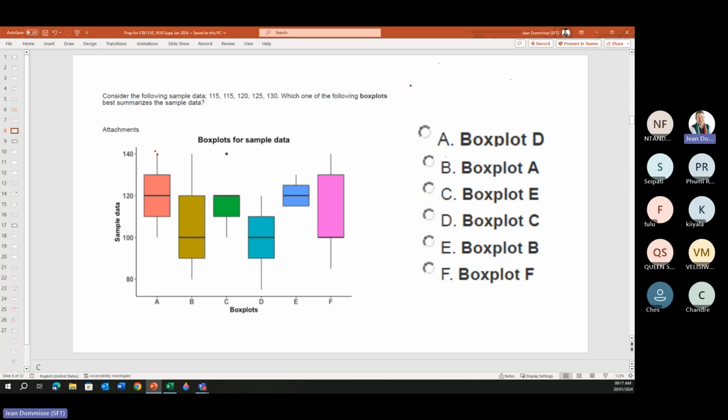At the top you've got your maximum number. At the bottom you've got your minimum number. That first line of your box is Q1.